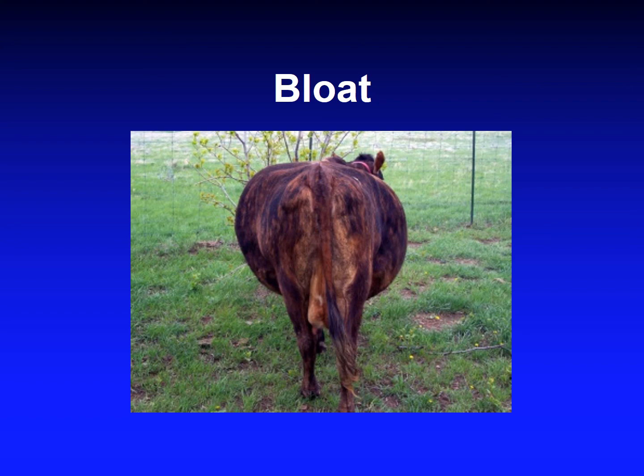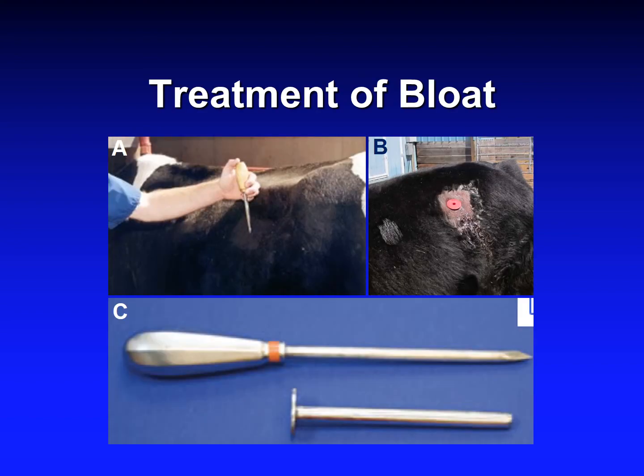And the way we treat that is basically to create an opening with a tool that's called trocar and cannula. So basically what we do, this is the trocar and the cannula. We put them together like a sword and a sleeve, and then we puncture the left paralumbar fossa of the abdominal wall in the affected cow, as shown in B here.